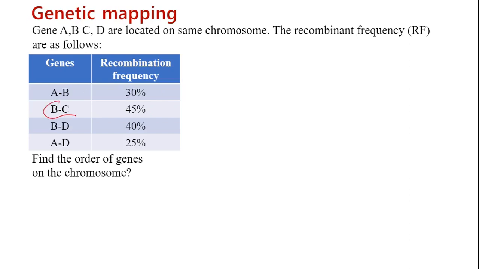Among those, BC will have the maximum recombination frequency. That is the key here. BC should be written at the extremes. BC will be the extreme genes, and later on we need to move on to the next highest percentage. BD will be 40%, so the B and D distance will be less than BC.